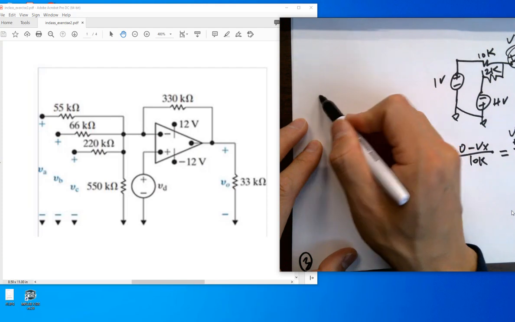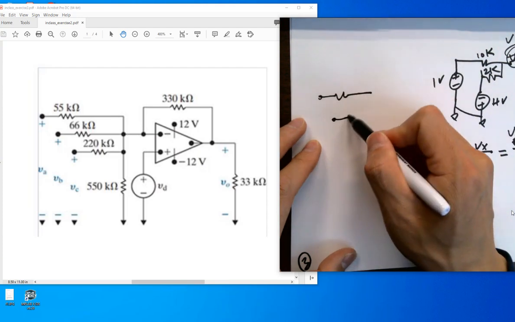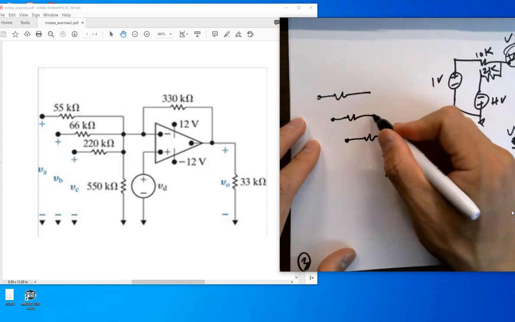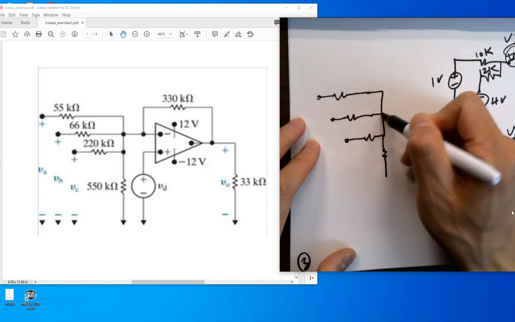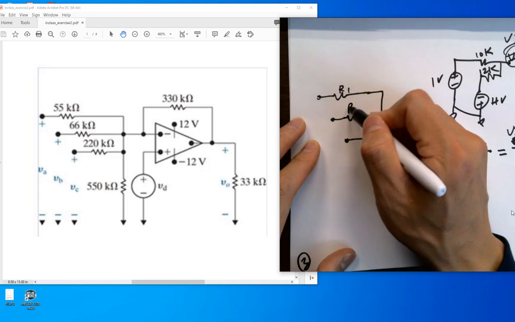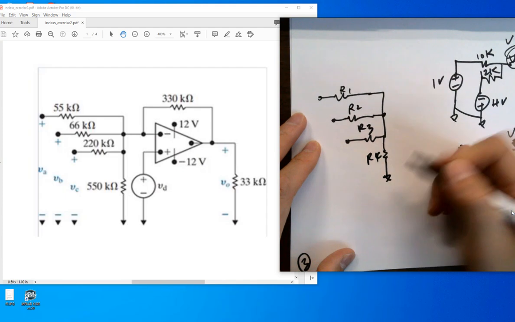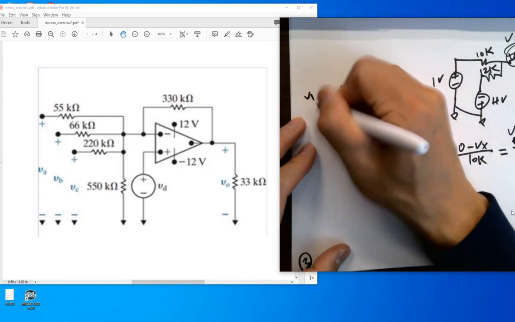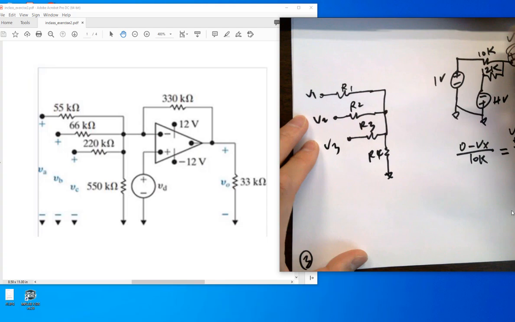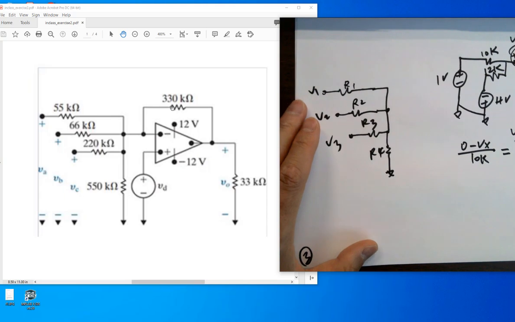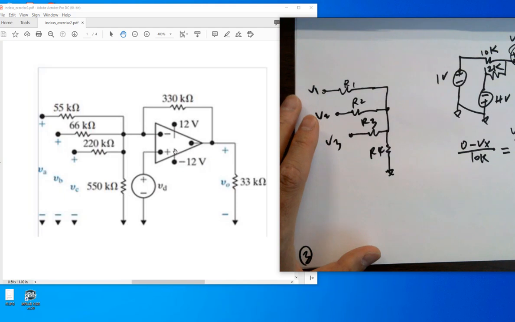You've got resistors R1, R2, R3, R4, ground, V1, V2, V3. So how do you approach this problem? VD, because it's an ideal amplifier and it has a negative feedback.